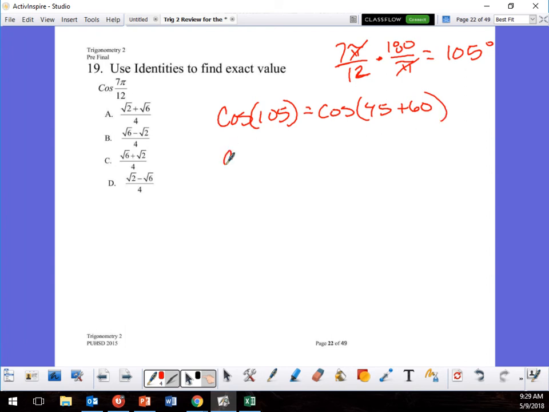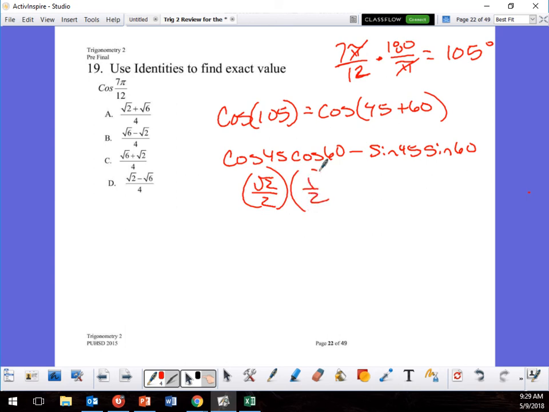So this is going to be cosine 45, cosine 60 minus sine 45, sine of 60. Given the unit circle, cosine 45, rad 2 over 2. Cosine 60 is 1/2. Minus sine 45, rad 2 over 2. Sine 60 is rad 3 over 2.